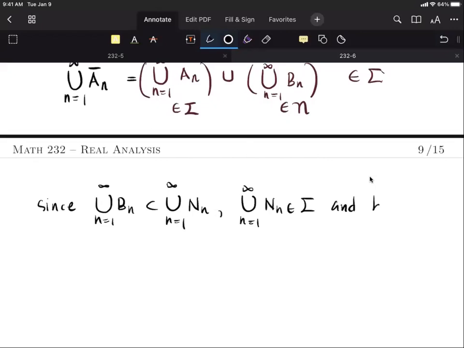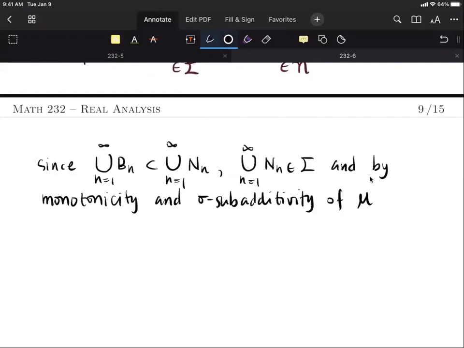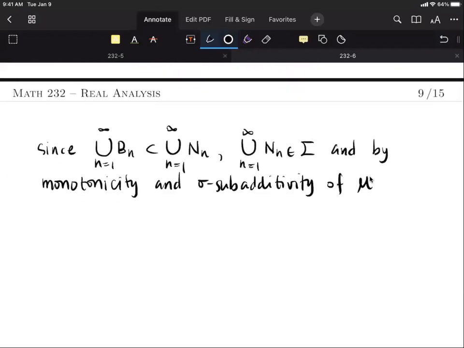And by monotonicity and sigma subadditivity of mu, you get that the outer measure, or the measure, I should say, of this is 0.